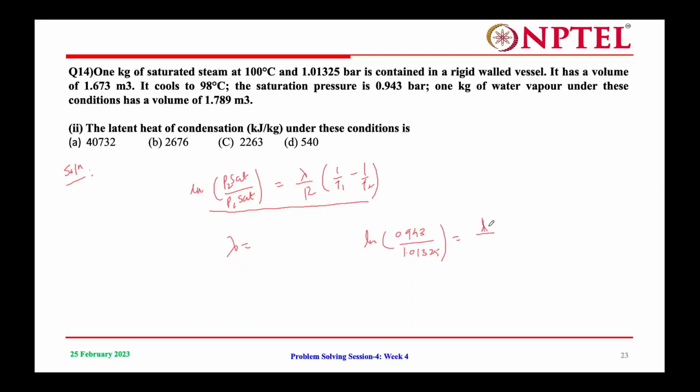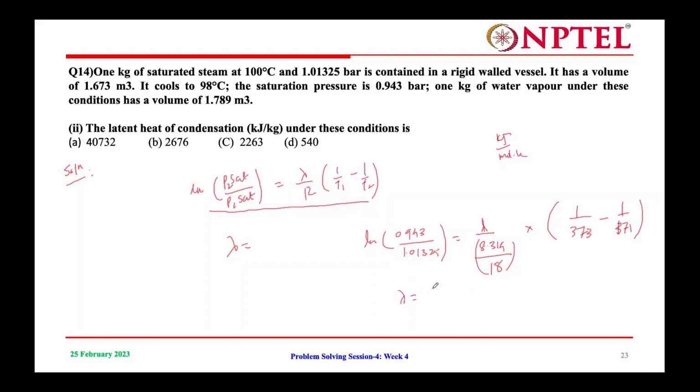So here 8.31. So the unit is kilojoule per mole Kelvin. So 8.314 divided by 18, the molecular weight of water, into 1 by T1, meaning 373, minus 371, right?